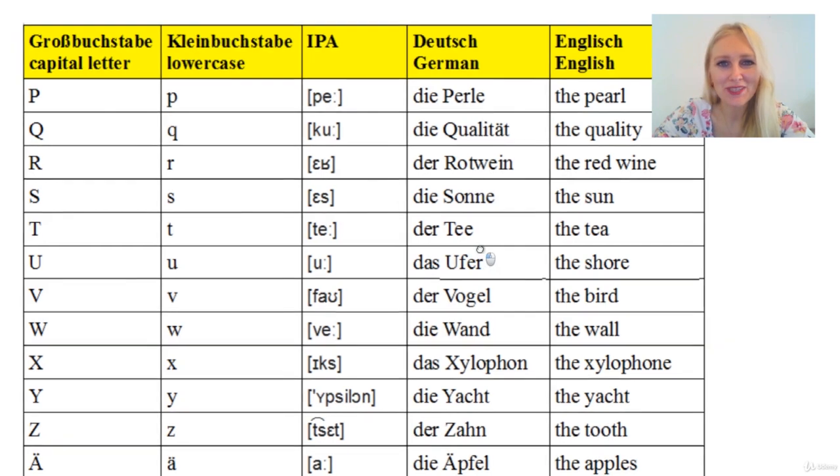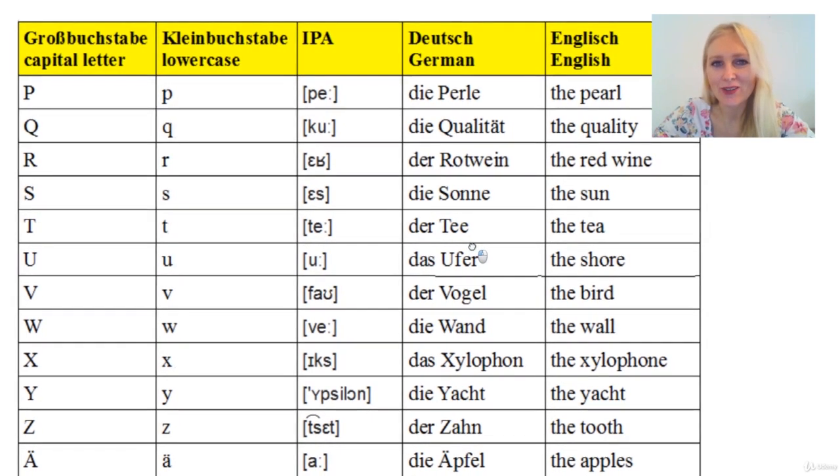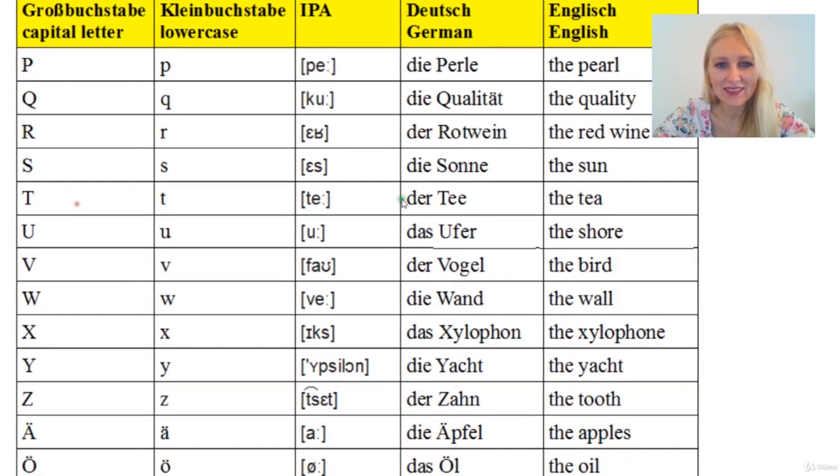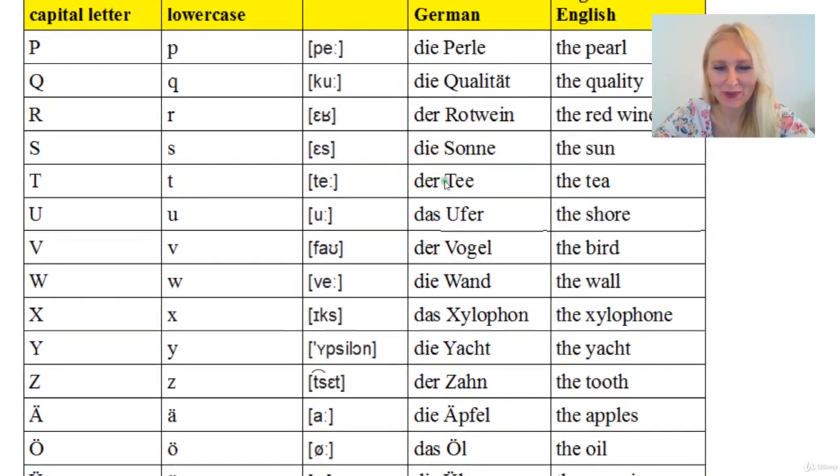So for now, maybe we just focus on getting used to the pronunciation of the words. Okay, so S. Die Sonne. Es, die Sonne. T. Der Tee. Okay, it's pronounced basically the same as the letter T. T. Okay. U. Das Ufer.